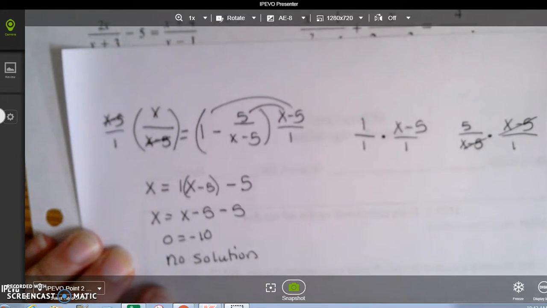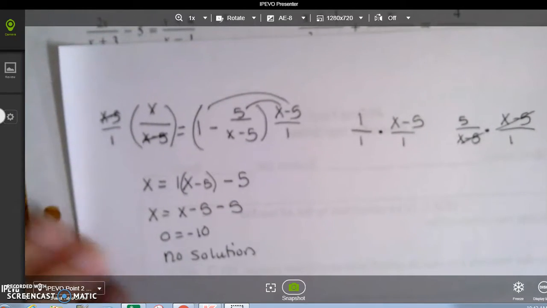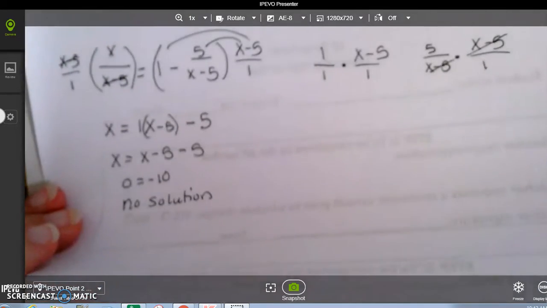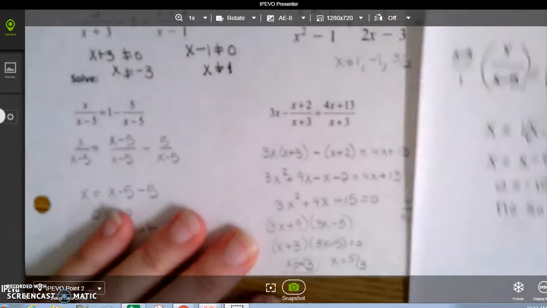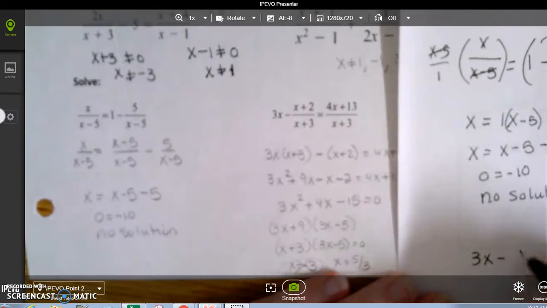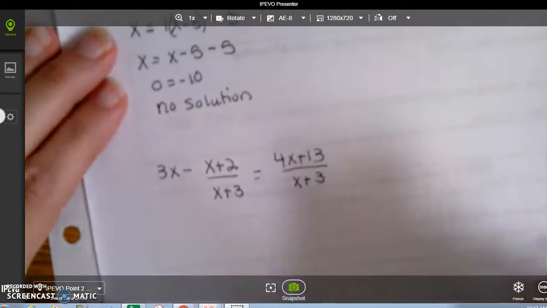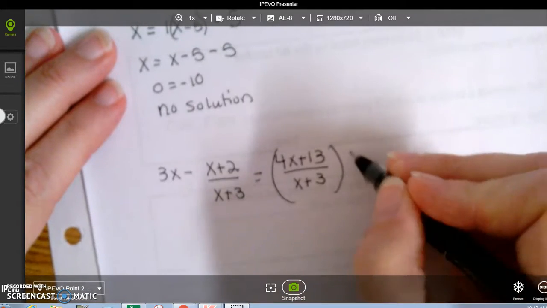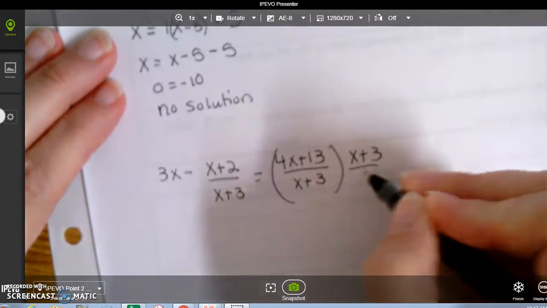Okay? So we're going to do the same thing on the next problem. Let me write this down. All right, so on the next problem, if I do the same thing, I'm going to multiply both sides by x plus 3 over 1.